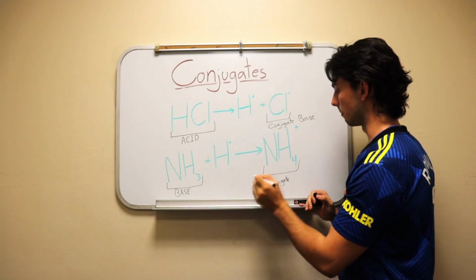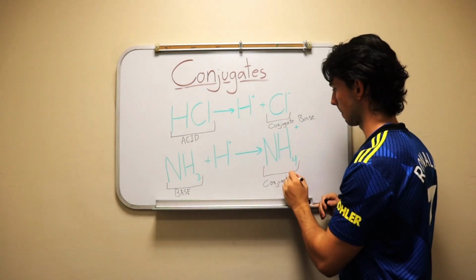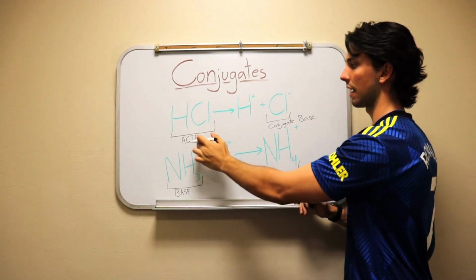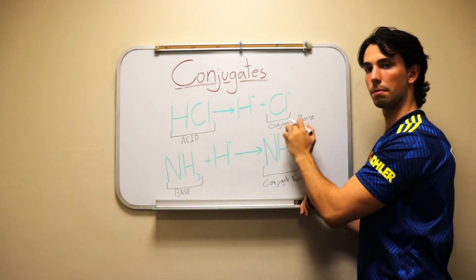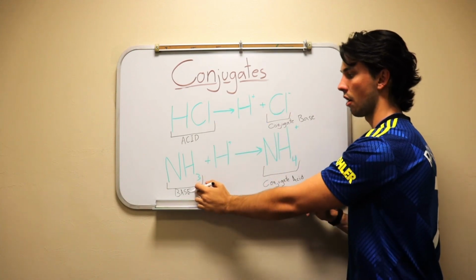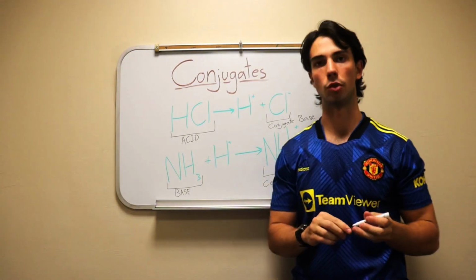This is going to be very needed when we're thinking about whether solutions are acidic or basic. We see here acids are always going to have a conjugate base without that hydrogen, and bases are going to have a conjugate acid when we add a hydrogen proton to it.